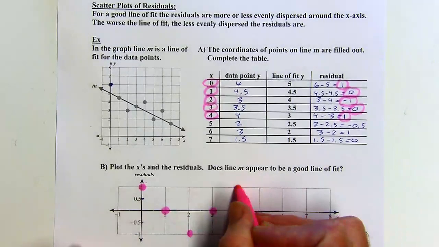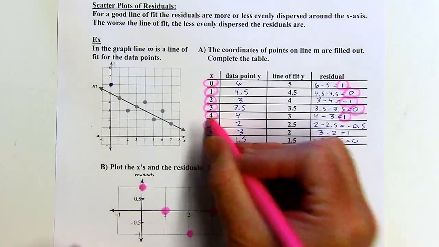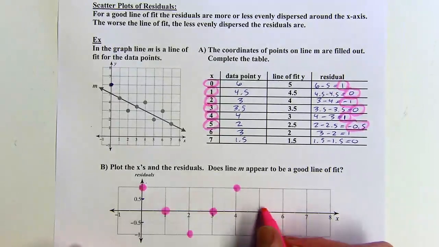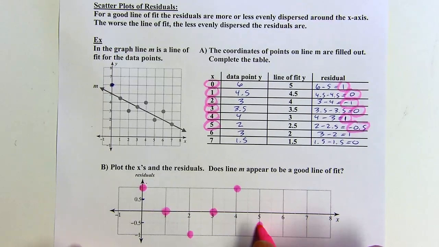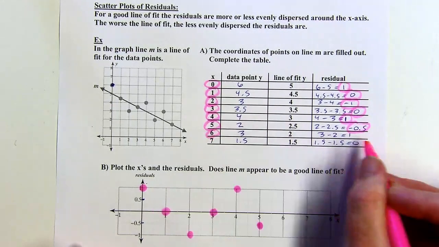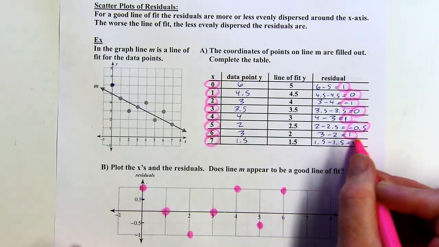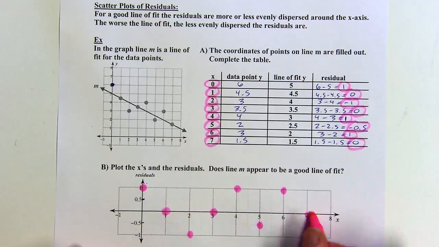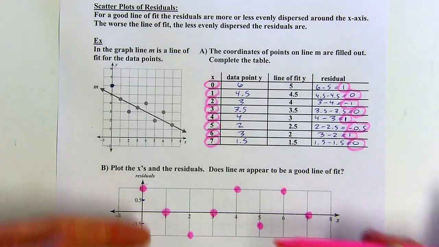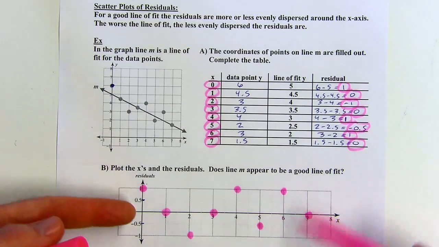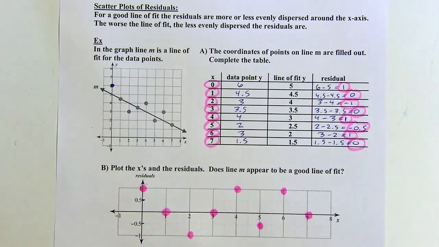So 4, 1 is right here. And then 5, negative 1/2, 6, 1, and 7, 0.